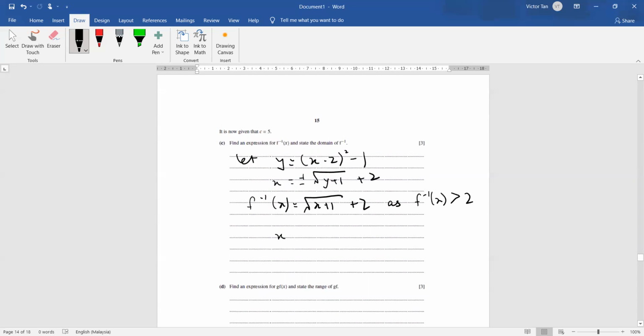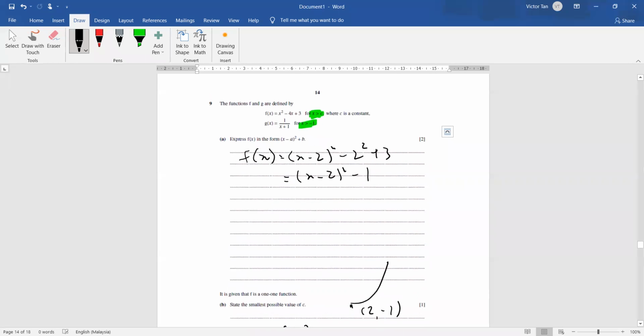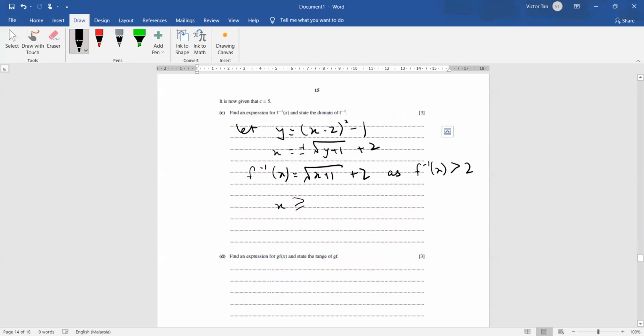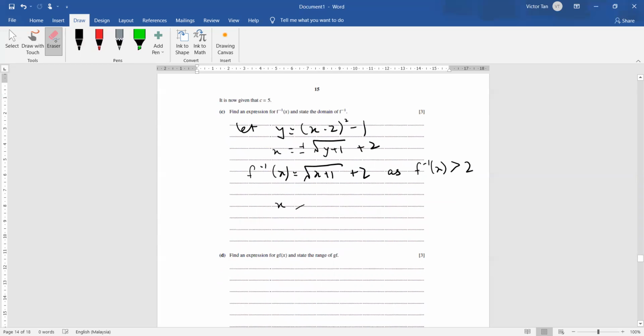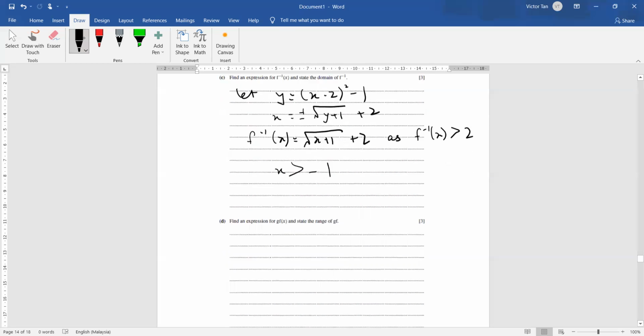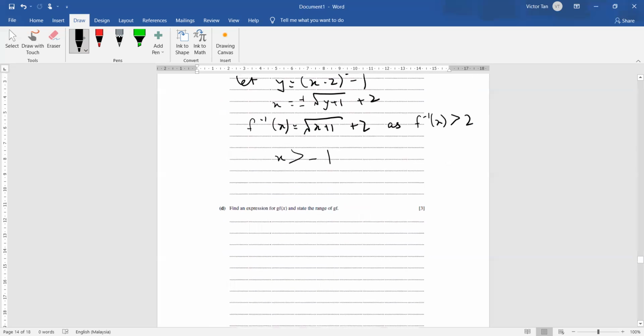That's the domain of the function. So is this x larger or equal to, oh, no equal. Let me see what equal. There's no equal, so you must be careful. Larger than minus 1. Find an expression of g of x and state the range of gf.